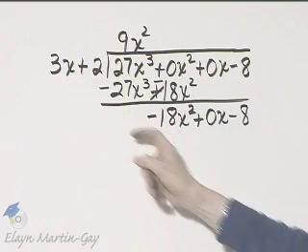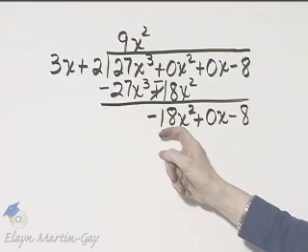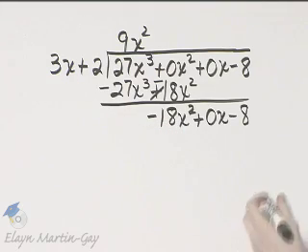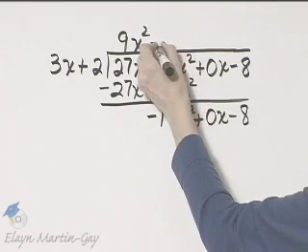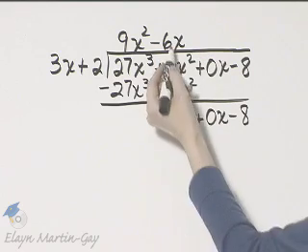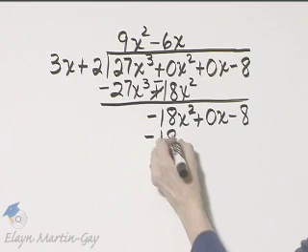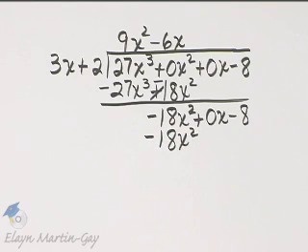What times 3x is negative 18x squared, or you can think of what is this term divided by this term. Either way, you'll have negative 6x. And let's multiply. Negative 6x times 3x, that's negative 18x squared, just like we want.